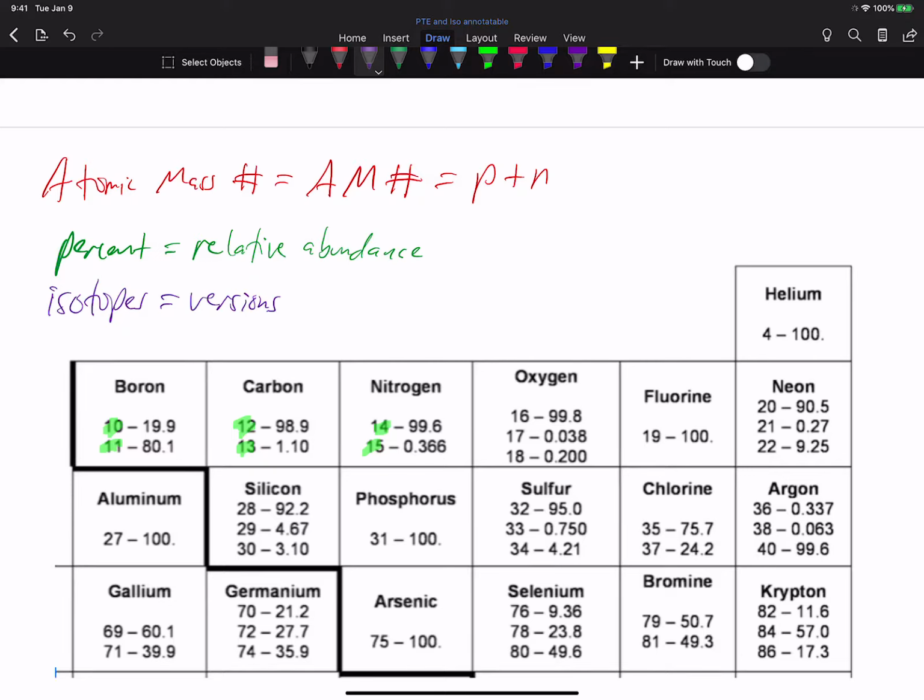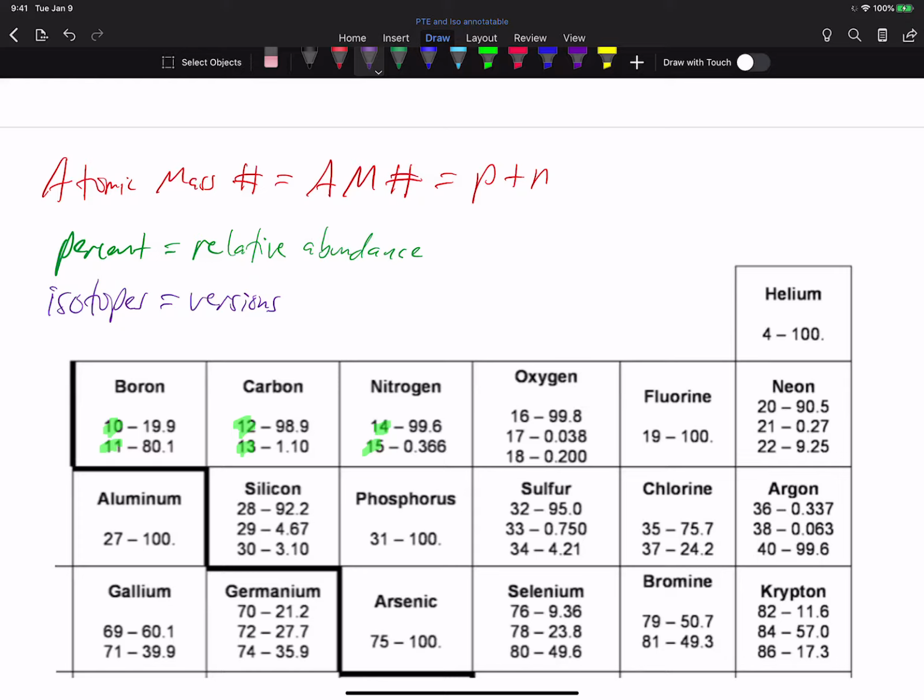So when it comes to boron, there are two main isotopes, or slightly different versions. They're both boron because they both contain 5 protons, because having a certain number of protons makes you a certain atom, but there's a small difference that exists between them. And it's very much like all of us in this class. We're all distinct individuals. We're all recognizable as each one of us, but we're all members of the same species. So in this way, isotopes are simply versions of the same element.